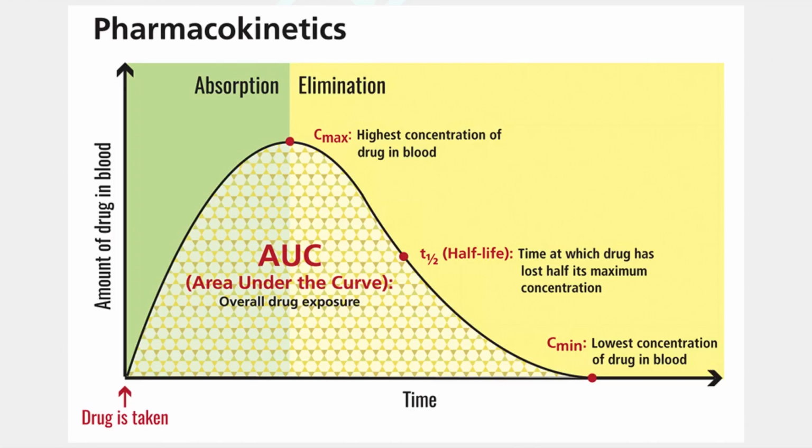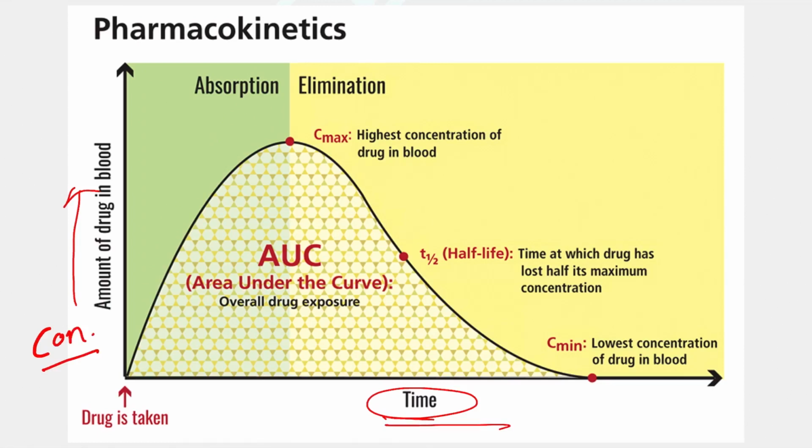This graph shows in detail different aspects of bioavailability. Now, if I tell you the interpretations, there are multiple points. First, this is time here, and this is the amount of drug in the blood, or rather the concentration of the drug. So a concentration versus time curve is being shown. Now where is bioavailability?